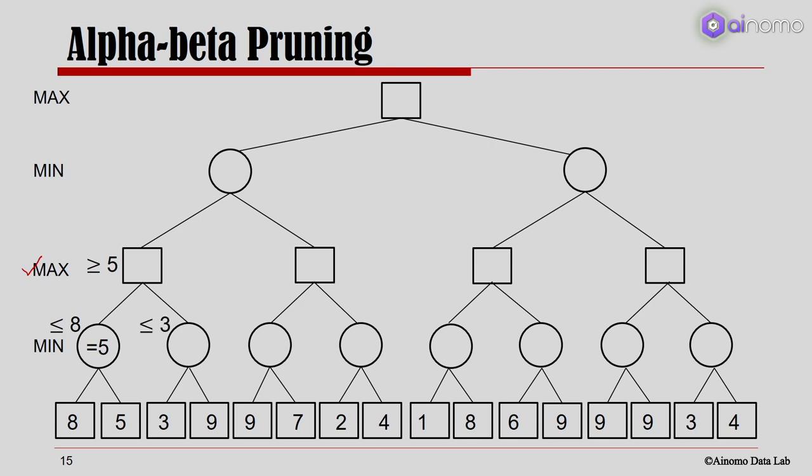Thereafter, look at this portion. Here we have the leaf node 3, so min should be less than or equal to 3. Once I realize I have here less than or equal to 3, and this is a max node which realizes that if it moves this path, it will at least have 5, so it will not love to come this side.